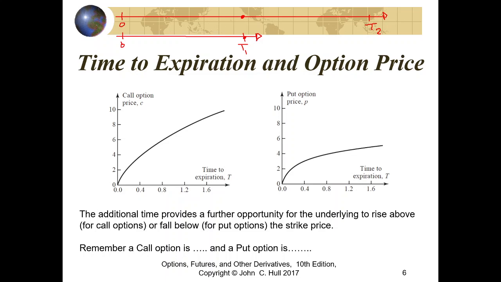Now for option A, which has an expiration after 2 months, and option B, which has an expiration after 1 month. Now after 1 month from now, is option A going to expire? Well, the answer is no. It still has an additional month.